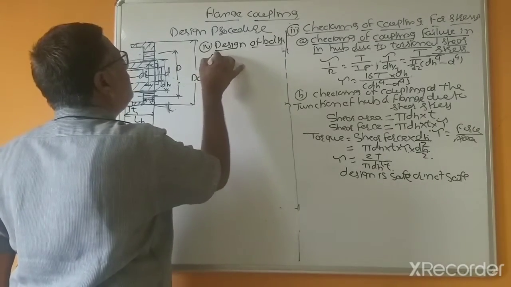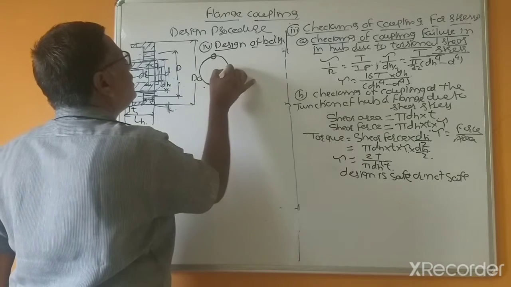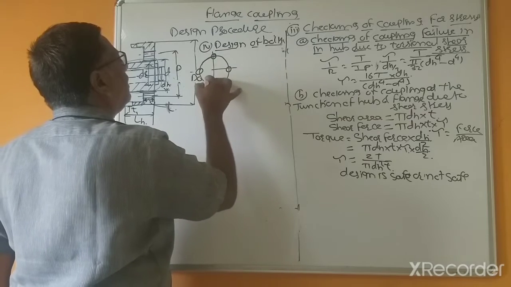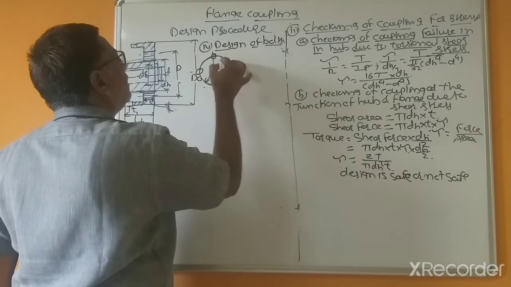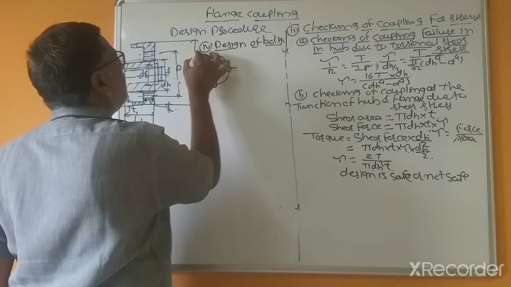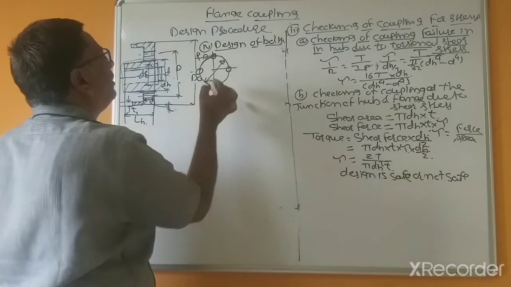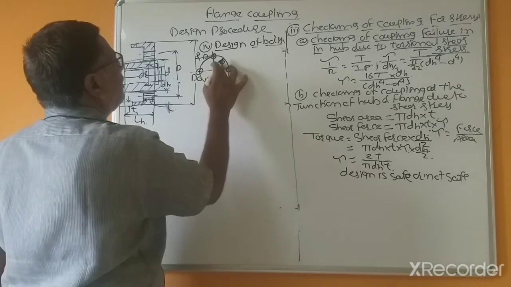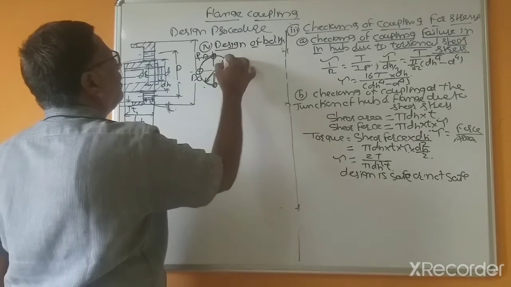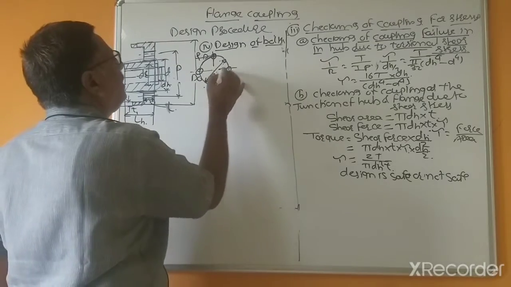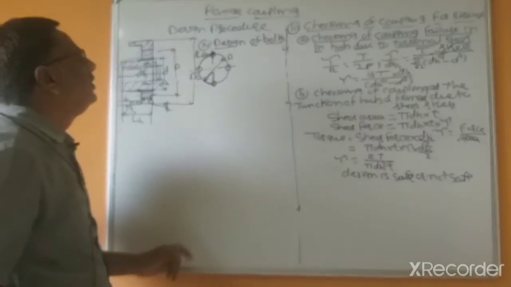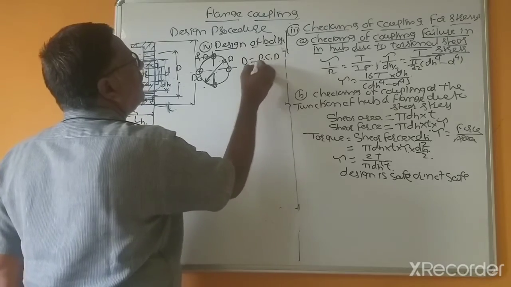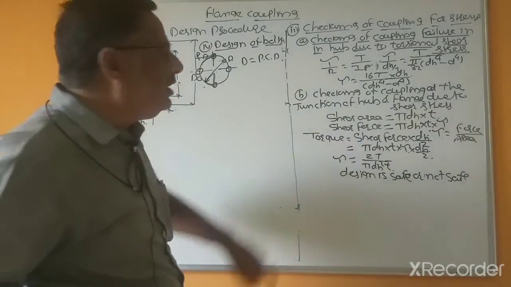So this is the PCD, and suppose the total number of bolts is 4, and this is D, and the force acting is P. Capital D is the PCD, the long form of PCD is pitch circle diameter.